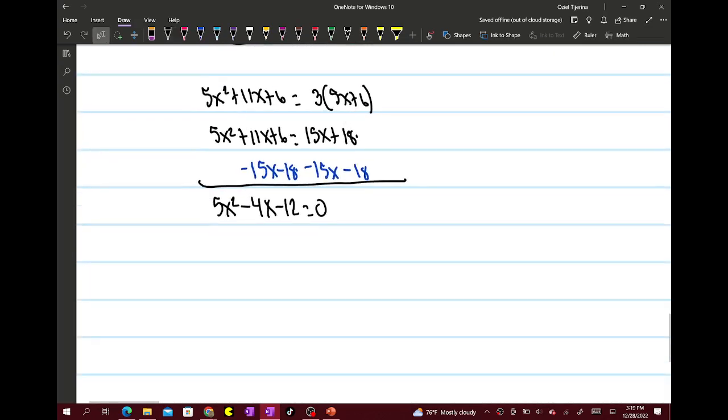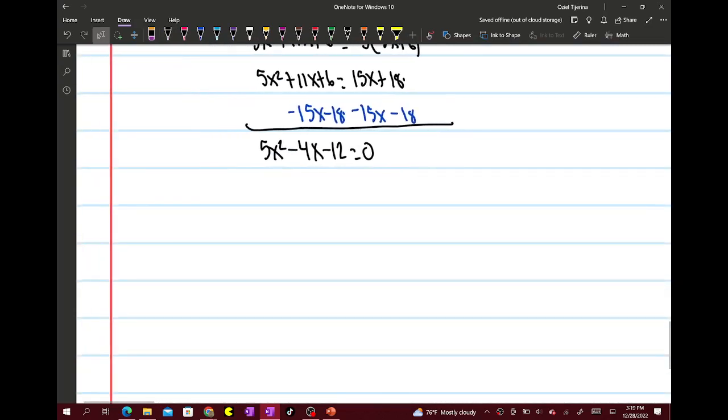Then you're going to try to factor this out. Basically a is equal to 5, b is -4, and c is -12. We need to know what a times c is. This is a, this is b, and this right here is my c value.